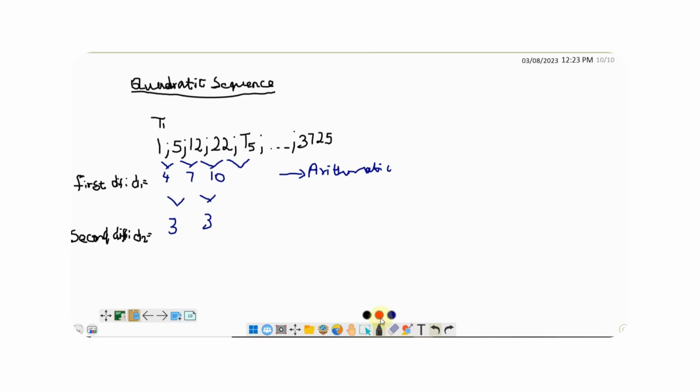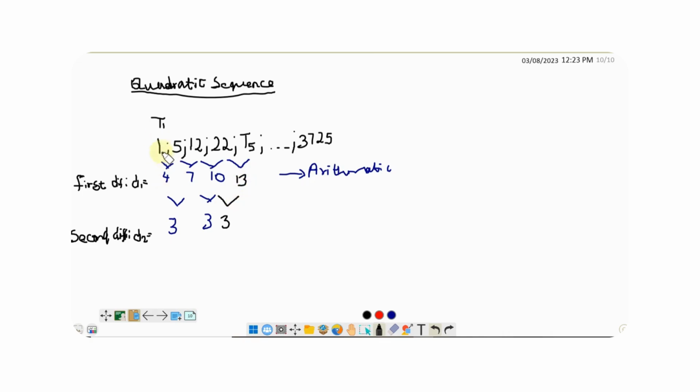So what you could do is look at the relationship. We know the common difference here, D2, is 3, right? So look, from here we know this is 3, this is 3. So 4 plus 3 is 7. 7 plus 3 is 10. Therefore, this tells us that the next one here is going to be what? 10 plus 3 is going to be 13.